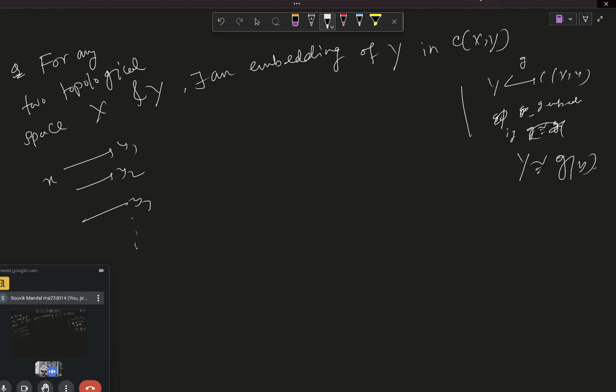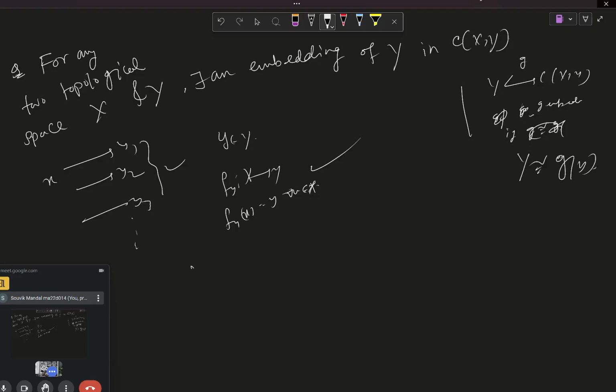This is countable, but maybe uncountable also. This is one possibility, but this method will not work. Or we can take y belonging to Y and define a map f_y from X to Y so that f_y(x) is equal to y for all x belonging to X. This map may work.